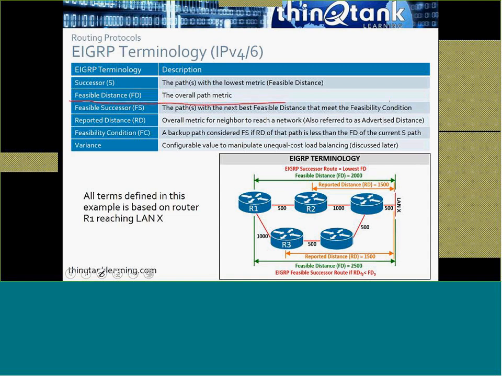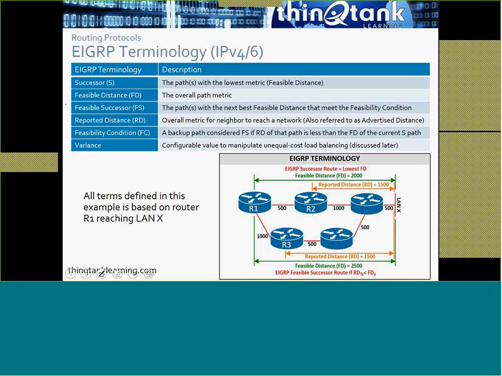Feasible successor. A feasible successor is the path with the next best feasible distance. Oftentimes people will simply classify this as the backup path. This is one of the ways that EIGRP tries to be more efficient.